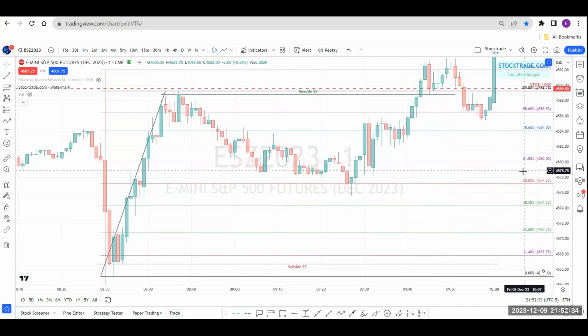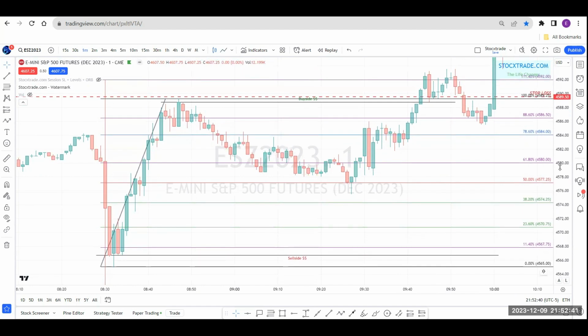It will come into my demand, my discounted zone at least, and it needs to eat the liquidity. It needs to come slowly, not with an impulsive move. If there is an impulsive move, there are more chances the price will hit my stop loss.